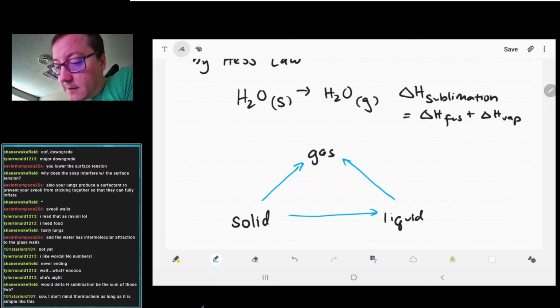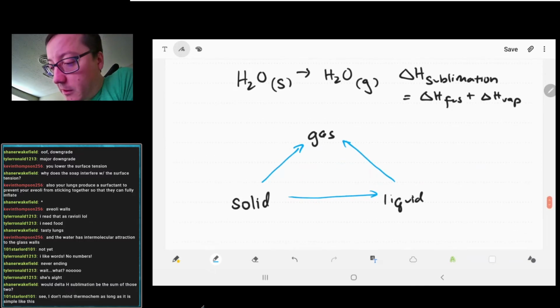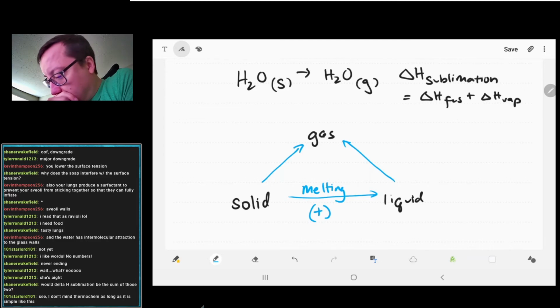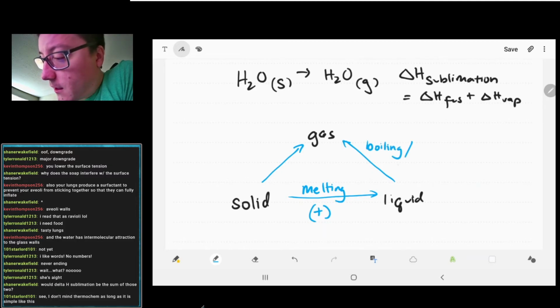We have a fancy term for a solid going to a liquid that's called melting. And of course, melting is an endothermic process. Takes energy to happen. This is called boiling or evaporation. That is also endothermic.